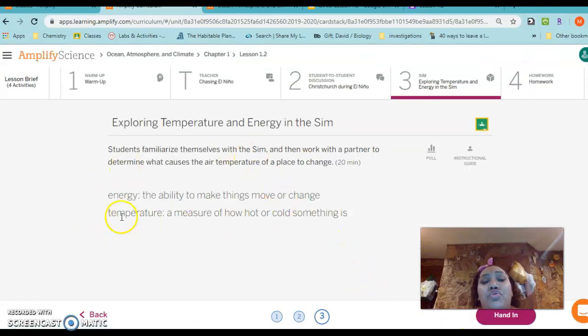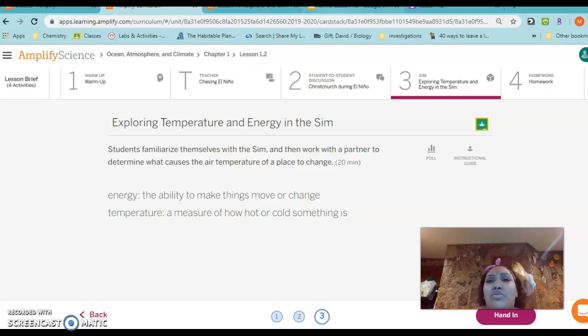We have 2 vocabulary words. Well, they're not new. We looked over them in our thermal energy unit, and that is energy and temperature. So energy is the ability to make things move or change, and temperature is a measure of how hot or cold something is. Right? We also know that temperature is a measure of the average kinetic energy.